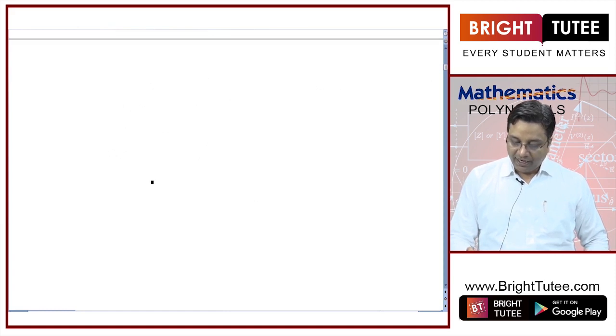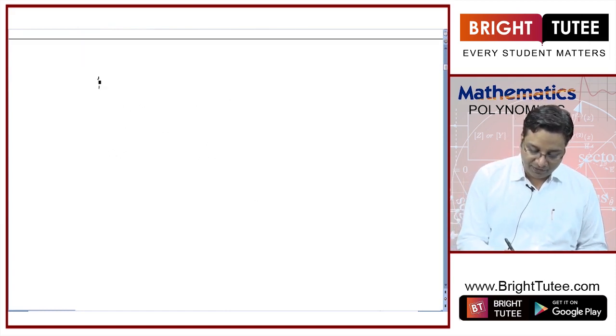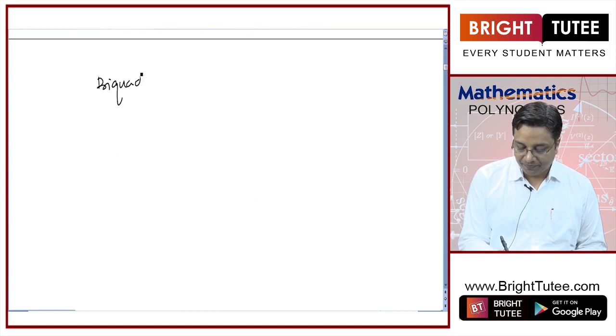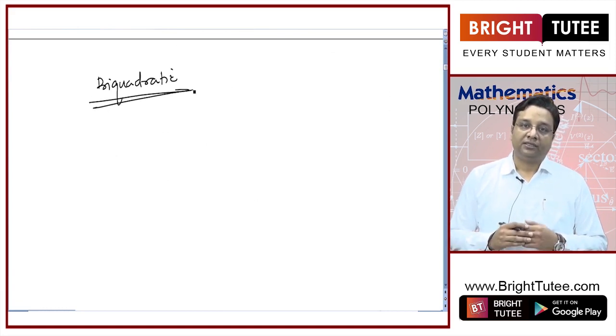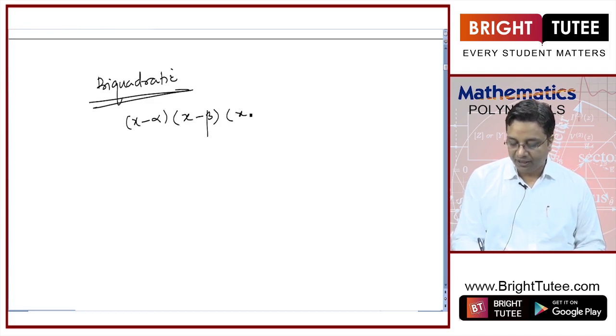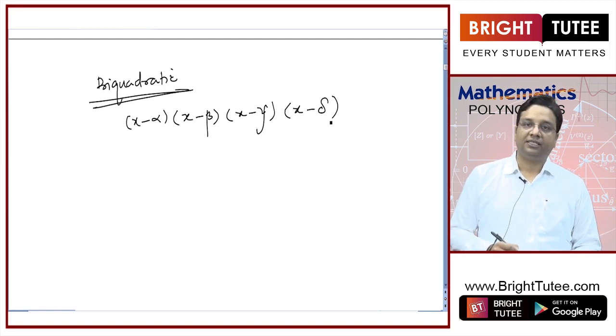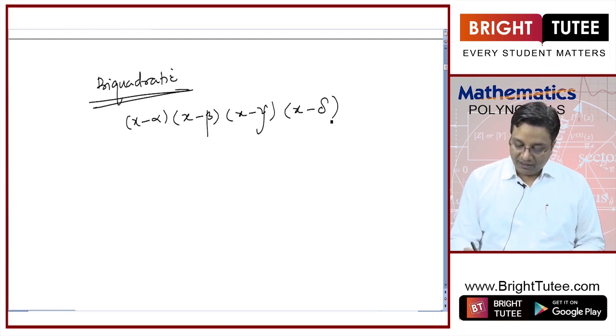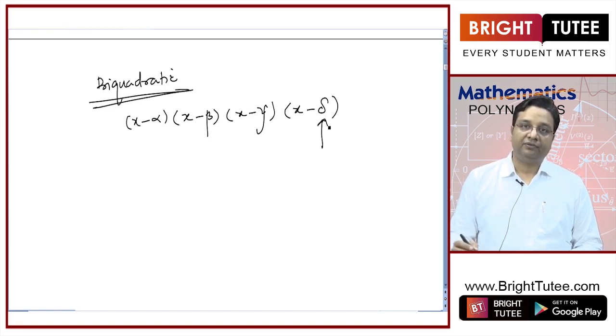Let us say we are given a biquadratic polynomial. The way to think about a biquadratic polynomial is that it will have 4 zeros: x minus alpha, x minus beta, x minus gamma, x minus delta, let us say. Let us say we are given one of the zeros, and we are asked to find the rest of the zeros.